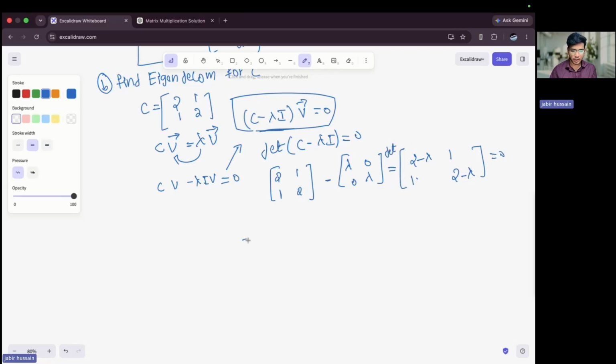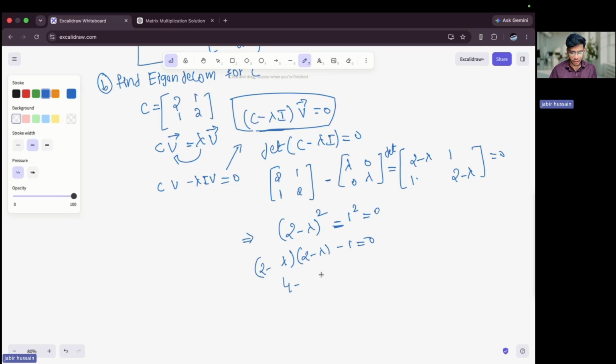So if you try to calculate the determinant, you will get (2 minus lambda) square minus 1 square, is equal to 0. So you will get (2 minus lambda) into (2 minus lambda), is it plus or minus? Please tell me. Minus 1 is equal to 0.